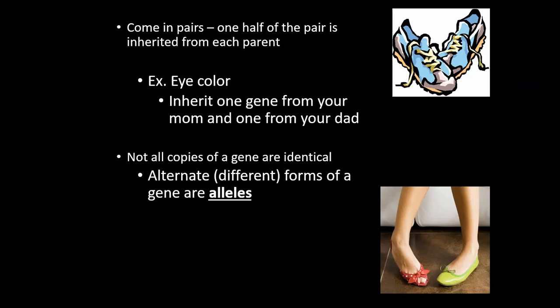So again, going back to eye color, you can have a gene for eye color, and depending on what you get from your mom or your dad, you get different alleles. So alleles could be like blue eye color, brown eye color, green eye color. Alleles are different forms or different types of a gene.